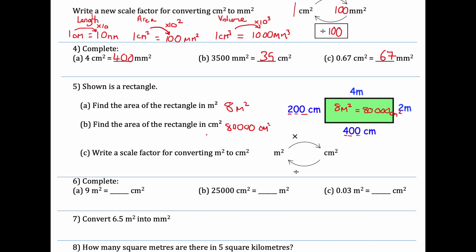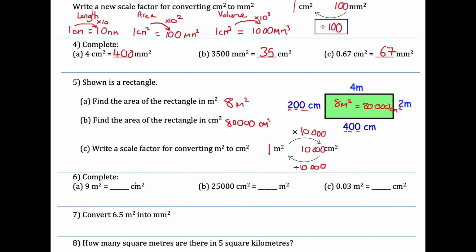Okay, so like above, it's not just metres to centimetres timesing by 100, as you may know. It was timesing by 100 squared, which is 10,000. So 1 square metre is 10,000 square centimetres. So we're timesing by 10,000. Dividing by 10,000 to go the other way.